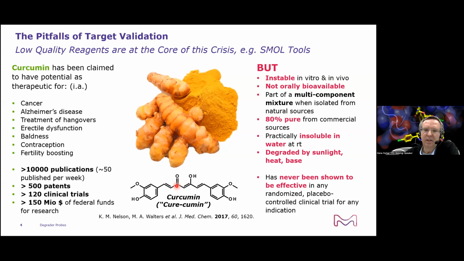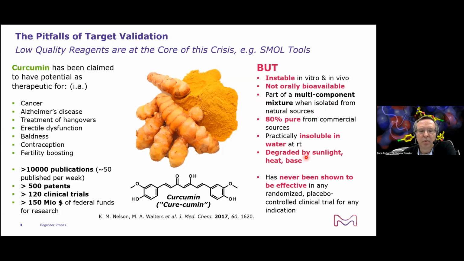However, in reality, and again, for the chemists on the call, looking at the structure or being a bit familiar with this field, it doesn't come as a big surprise that obviously this is not true. If you ingest this compound, the first challenge already is that you do not really know what you ingest because it's usually impure. If you want to go for spring break, you need to be aware that the compound is actually not stable in sunlight.